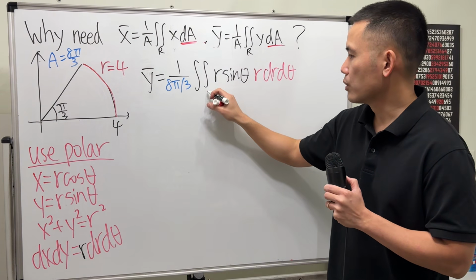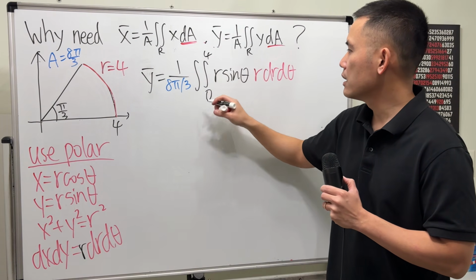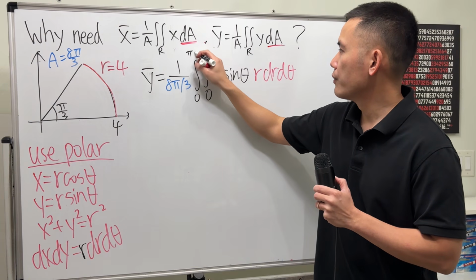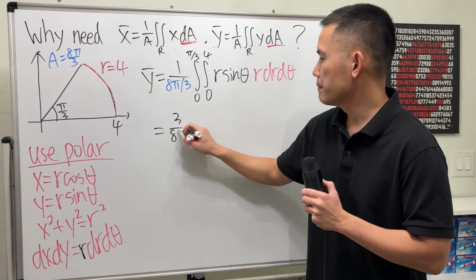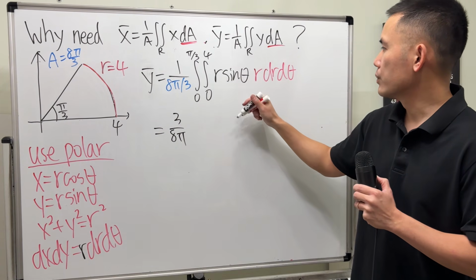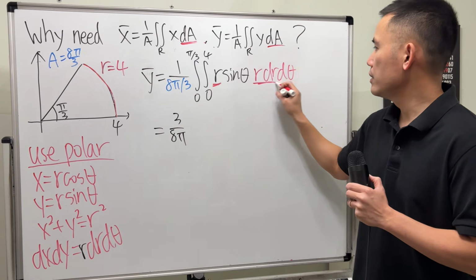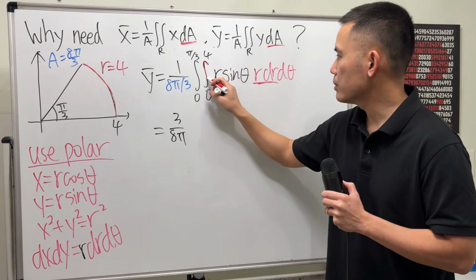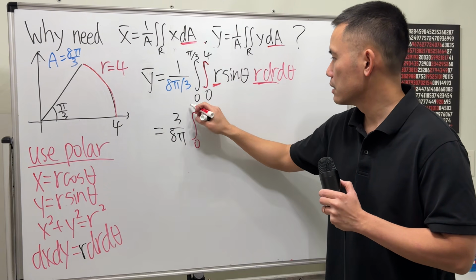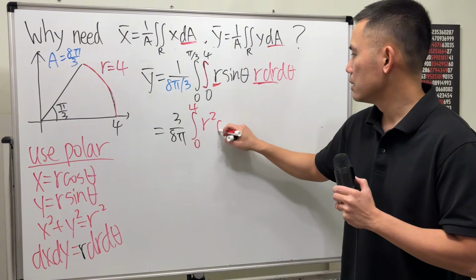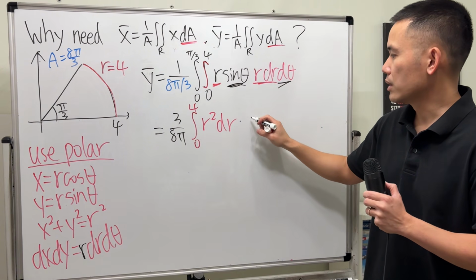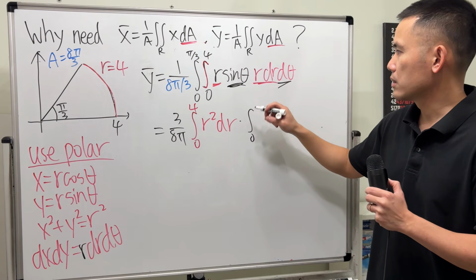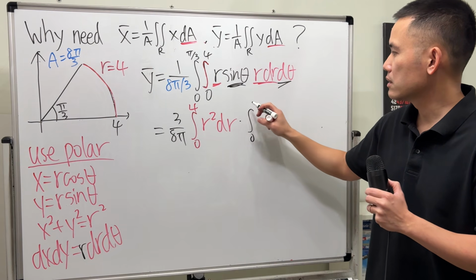And then still we go from 0 to 4 for r, 0 to pi over 3 for theta. Again, break this down. We have r squared dr, and this is this integral. And then the rest, so you just have the sine version now, unlike the cosine one earlier.